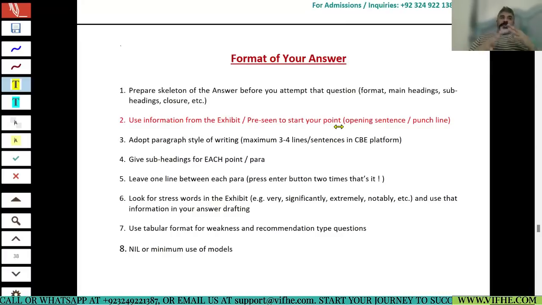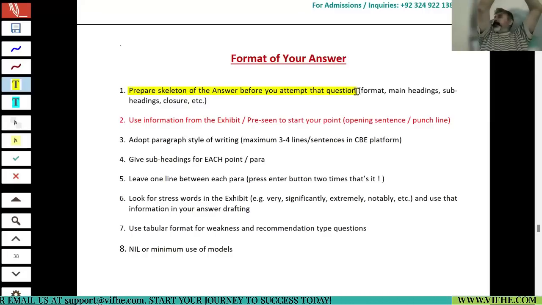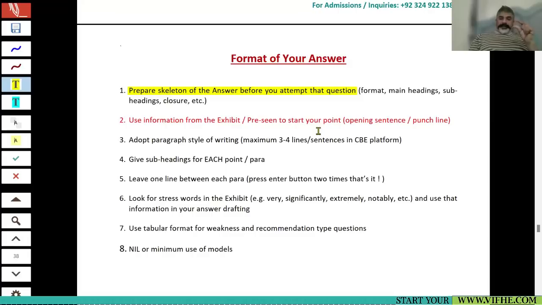The first thing is, before you actually start drafting, you must prepare the skeleton of the answer. What do I mean by that? The format. If it's a report format, make the format, give the broad headings so that you're out of the format and then you can focus on the real answer. Each point should always start with an opening sentence or a punchline from the exhibit.